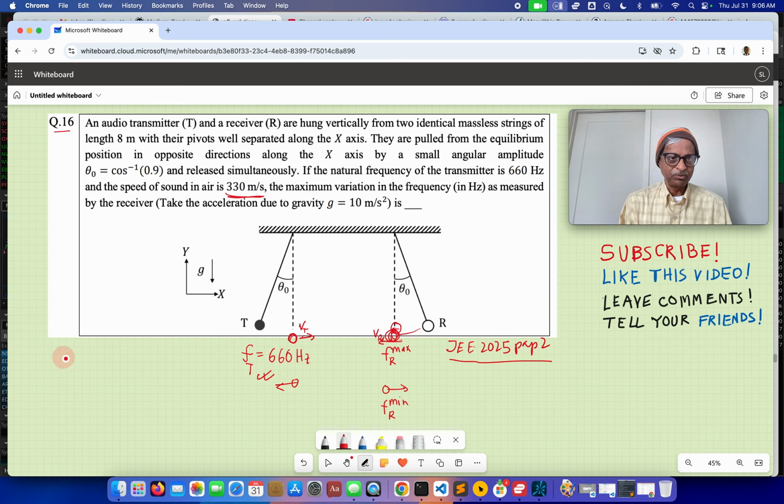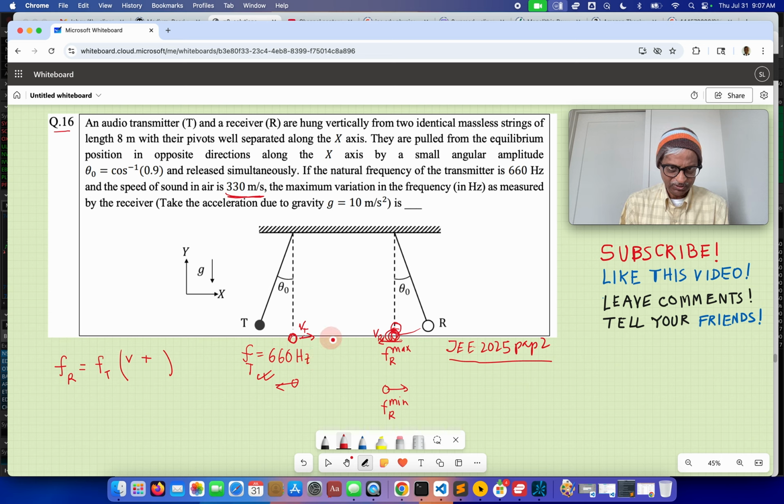The formula for the F the receiver will receive is F transmitter times V, the speed of sound, and we'll say towards and away.